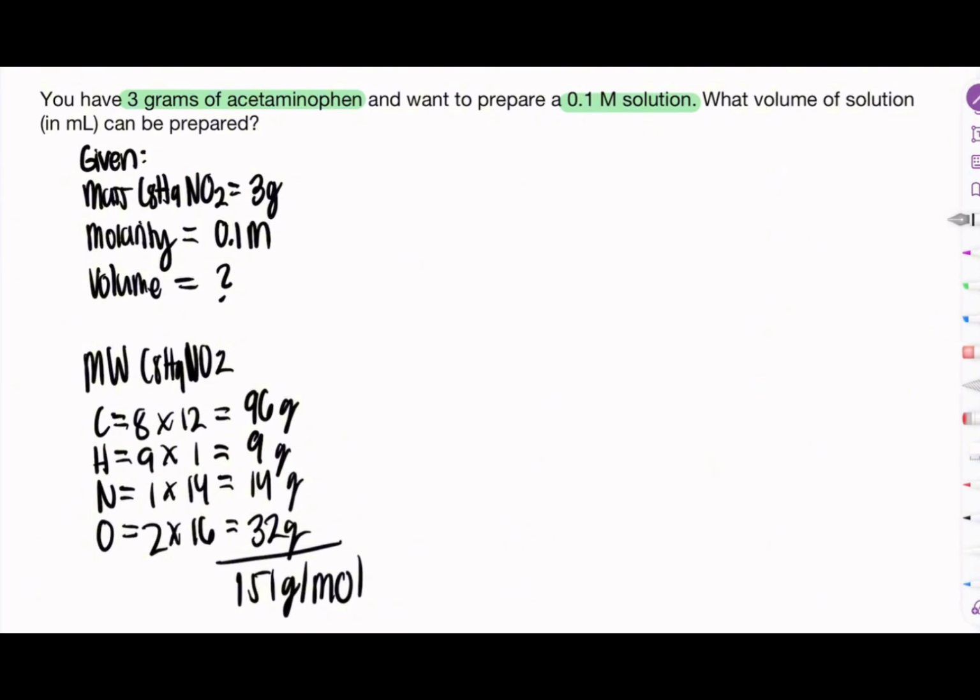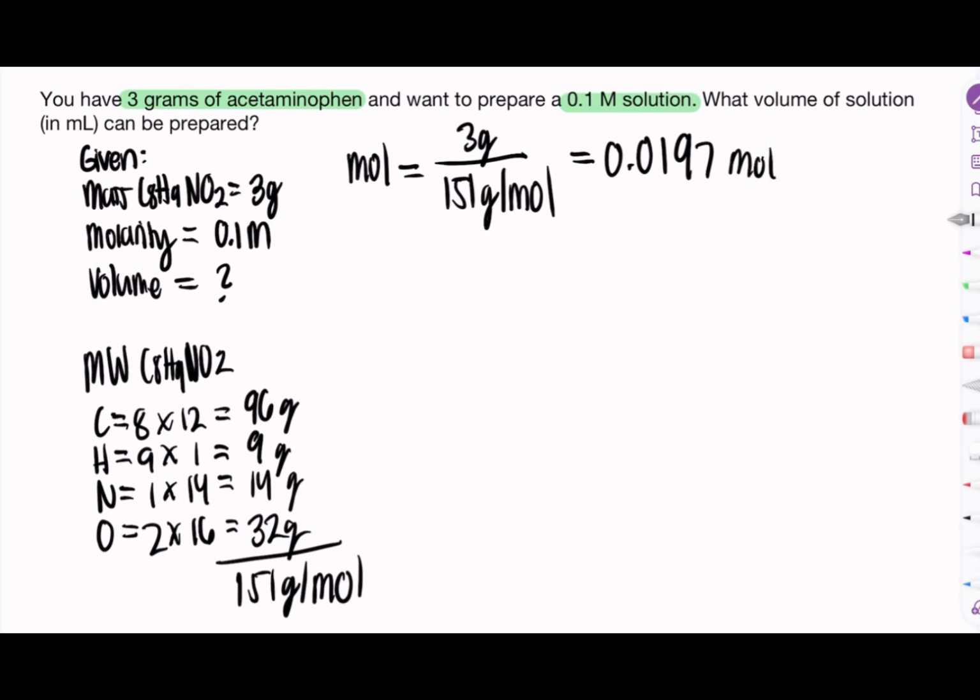I'll stick with the MOL. So mole is equal to 3 grams over 151 grams per mole, which is equal to 0.0197 mole. I forgot to cancel.